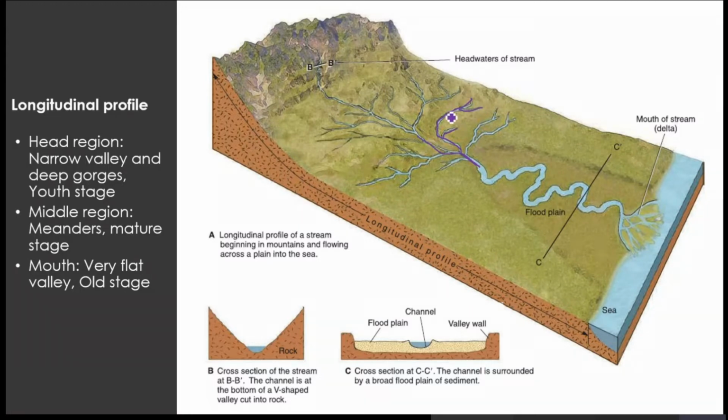Other than that, during the rainy season, a number of small channels may develop here, but these are still not called streams because they are not a permanent feature. Some water from here may be contributing to this river, but this is not a fixed channel, so it is not called a stream.